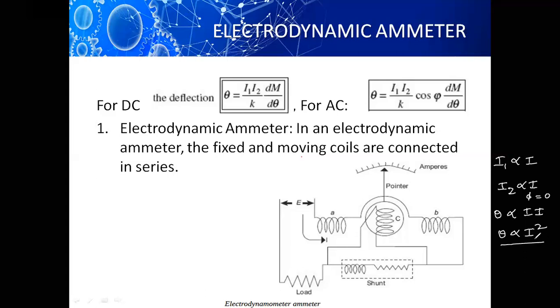The angle of deflection for an electrodynamic ammeter is proportional to I square.